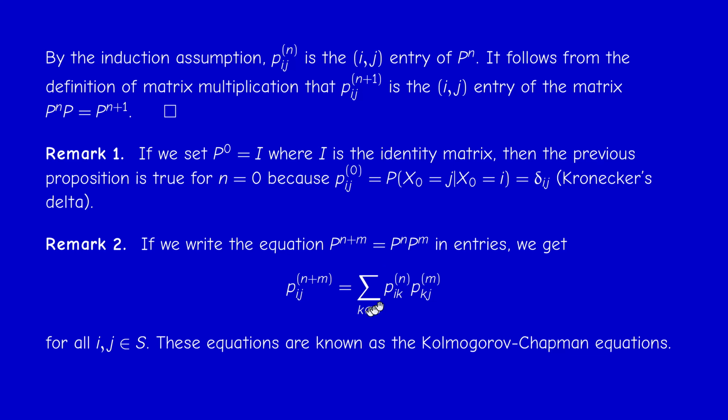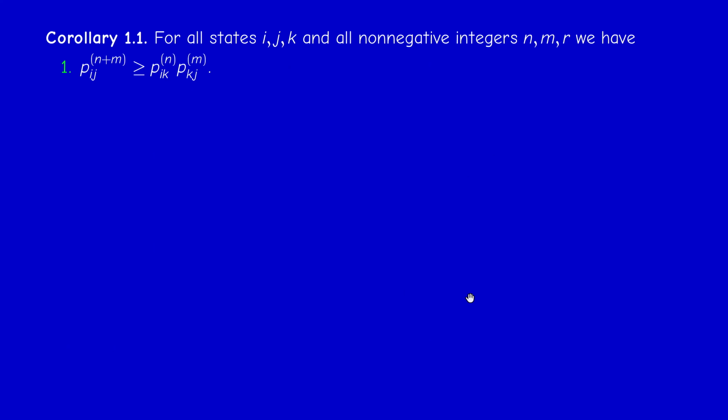Okay, and now we shall see examples of how to compute these things. Now a corollary of this is that for all states i, j, k, and all non-negative integers n, m, r, we can write p_ij to the n plus m is at least equal to p_ik to the n times p_kj to the m.